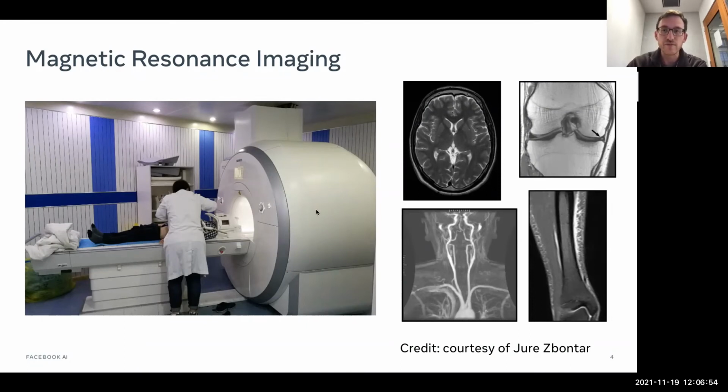What's inside the tube is essentially a bunch of superconducting wires, and these superconducting wires create a very large magnetic field in the center of the bore. What we can do is play very specific sequences of electromagnetic pulses and RF pulses to collect data that allow us to figure out whatever is inside the scanner.